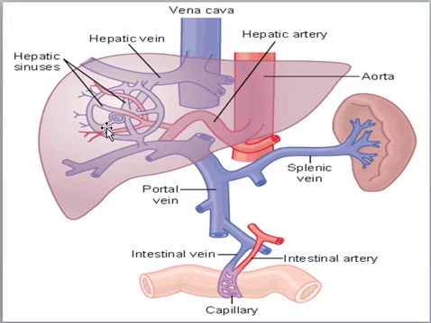In the hepatic sinusoid there is mixing of the blood from the different parts of the alimentary tract with the blood from the hepatic artery, and then the blood passes through the hepatic vein to the vena cava. The hepatic artery supplies oxygen to the liver, while the portal vein supplies nutrition. It is very important that the substances absorbed from the GIT and reaching the liver through the portal vein are processed.